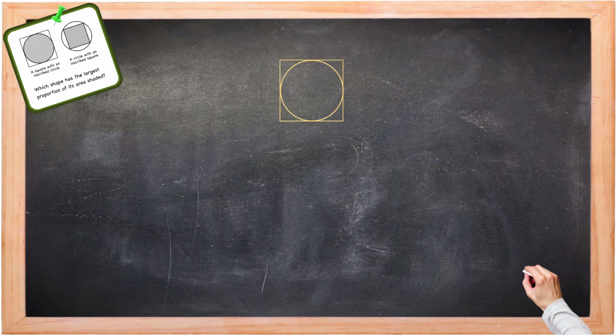Let's choose a unit that makes sense. Why don't we choose the radius of the circle to be 1 unit? That would make the side of the square 2 units.